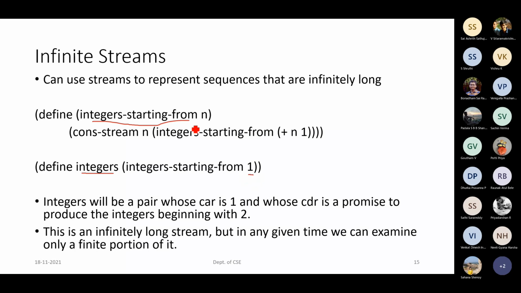So when I have passed this n value as 1, what will happen? We will have cons stream of the value 1 coming, and then there will be a delay applied onto integers starting from n plus 1.